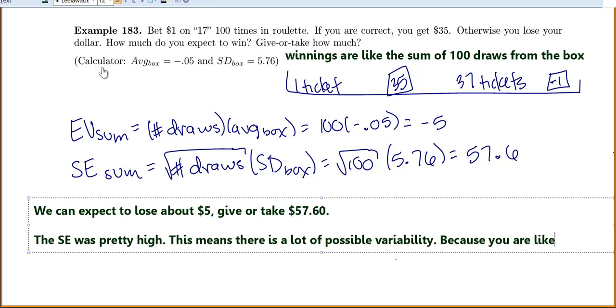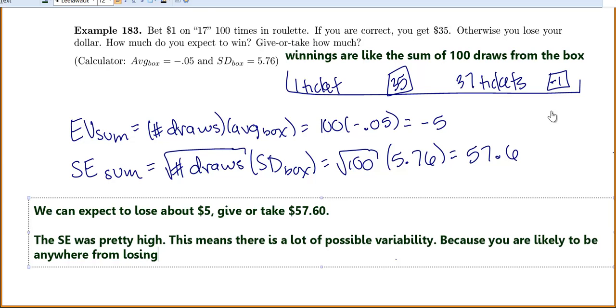You are likely to be anywhere from losing, so negative 5 minus 57.6, about $62.60, to winning $52.60. That's a big range. You might actually win a fair amount of money and be okay, but you might lose more money. So there's a lot of variability, a lot of chances to get different results.